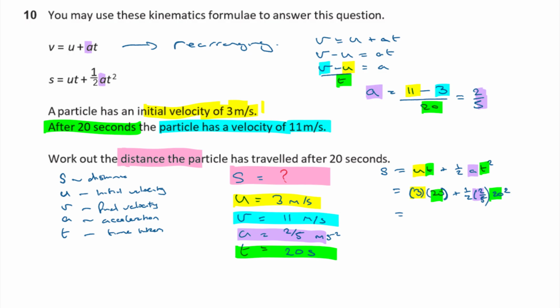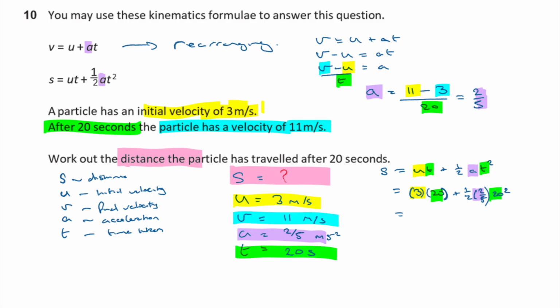I'm just going to type that using the fraction key. So 1/2 times 2/5 times 20 squared. Okay, just double check that. 3 times 20 plus a half times 2/5 times 20 squared. Looks good to me.